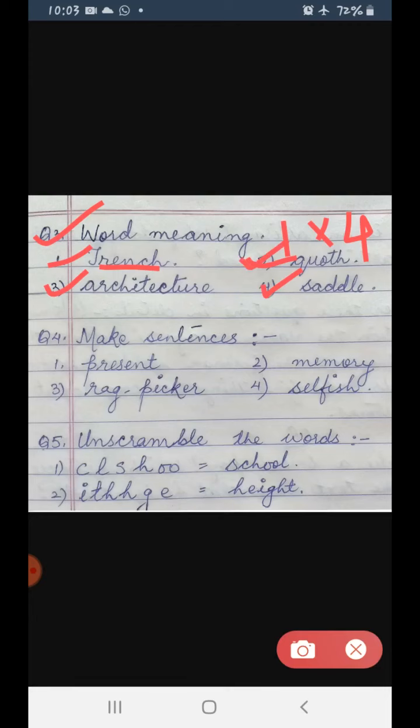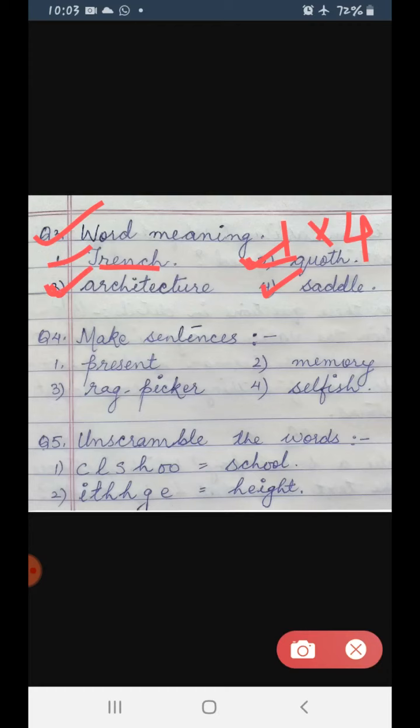Next, number 2, coat. Coat means to say. It is an old-fashioned English word. Now we do not use the word coat. Now we use the word say or said. Fine. Next, number 3 is architecture. What is architecture?